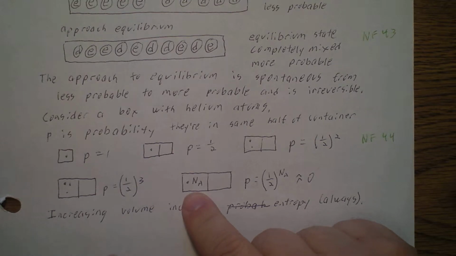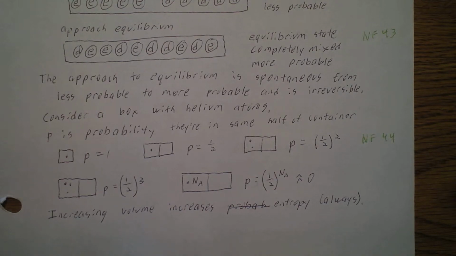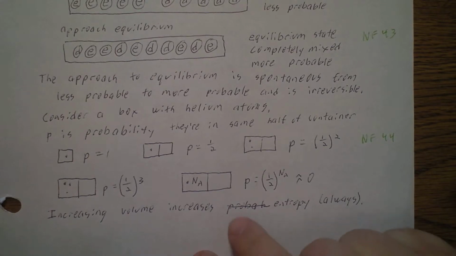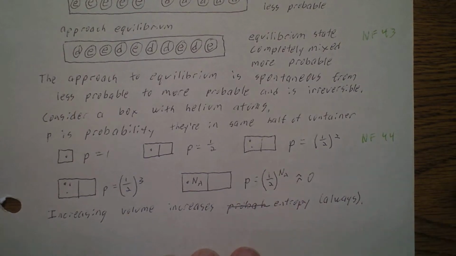Likewise, let's say we have a whole mole of gas, Avogadro's number. Remember, capital N is the number of molecules, lowercase a means it's Avogadro's number. So let's say that we have a container, and we want to know what's the probability that all the helium atoms happen to be on the same side of the container. The probability would be 1/2 to Avogadro's number.